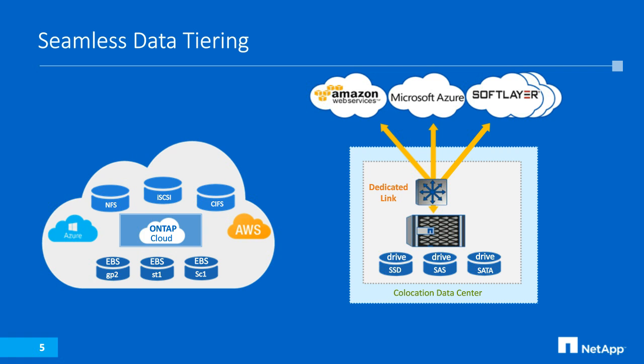Now this is where in OnTap Cloud, we now have the ability of consuming and making the underlying EBS storage available. This first off is going to be the general purpose disk, or it's going to be the hot or cold hard drives, which were just made available recently by AWS.